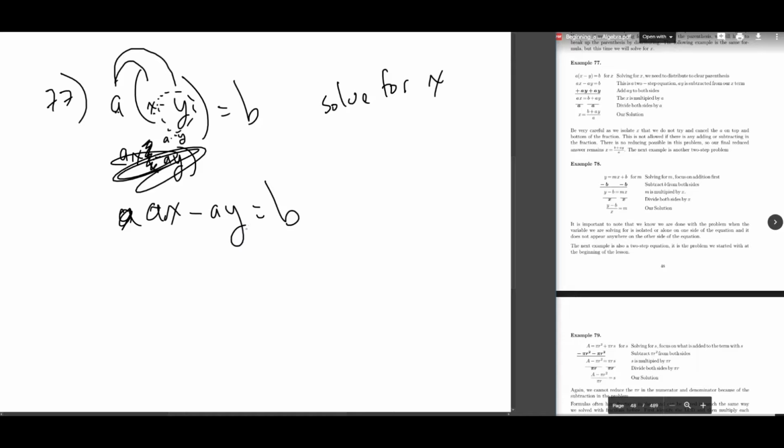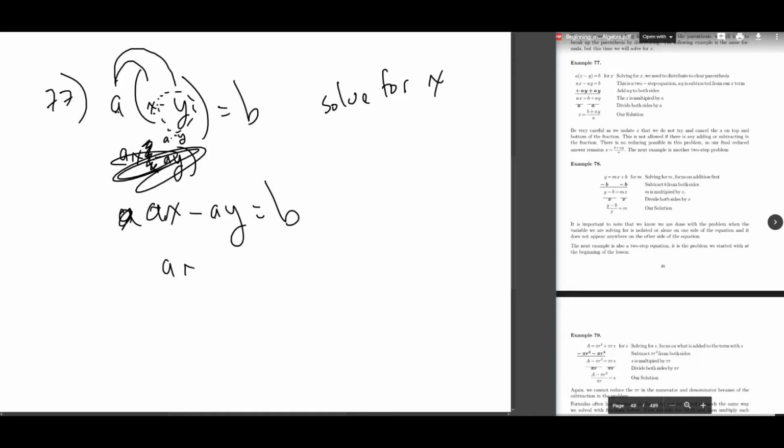So what do they want us to solve for? For x, right? Solving for x. So I guess what we're going to have to do is multiply both sides by... How am I going to do this? Okay, so what I'll do is I'll shove this minus ay on the other side.